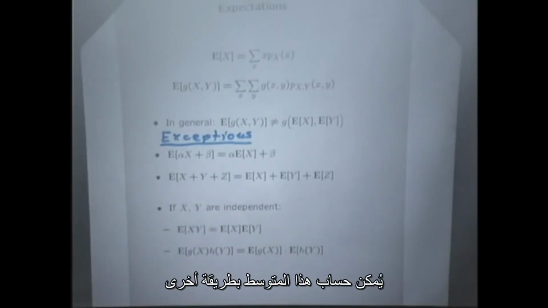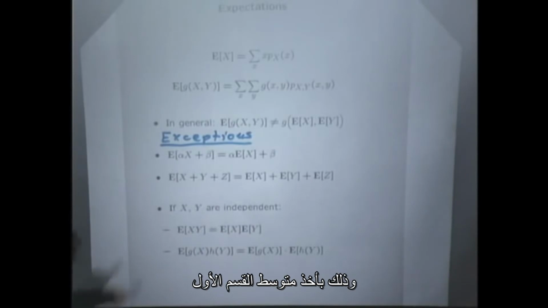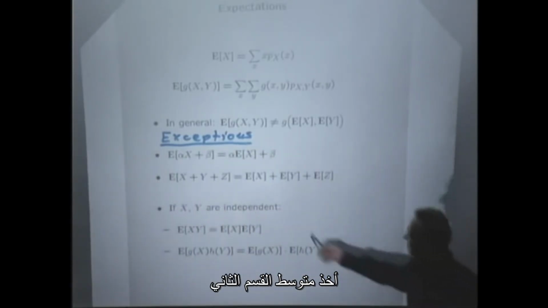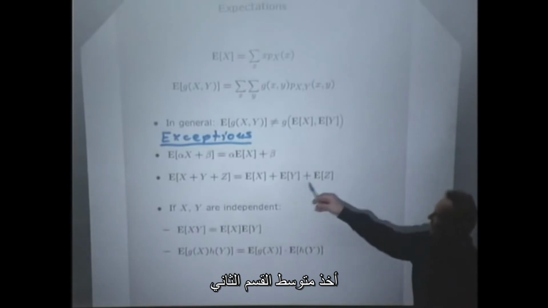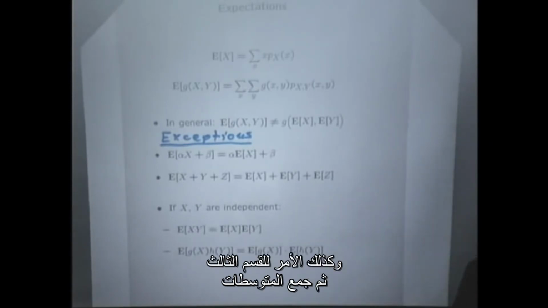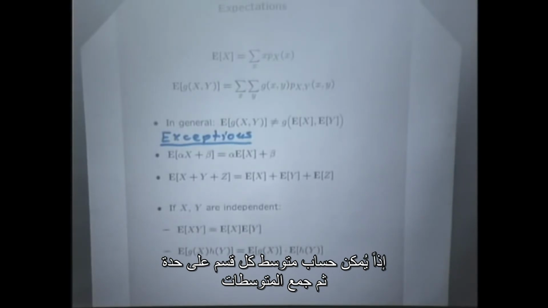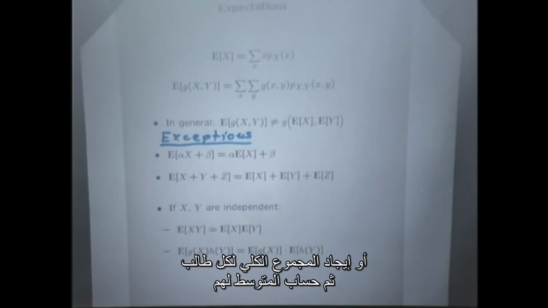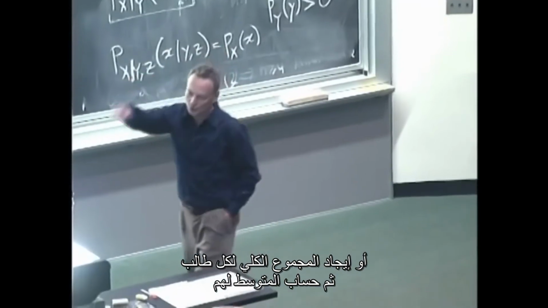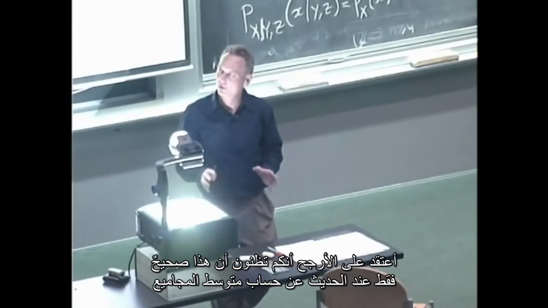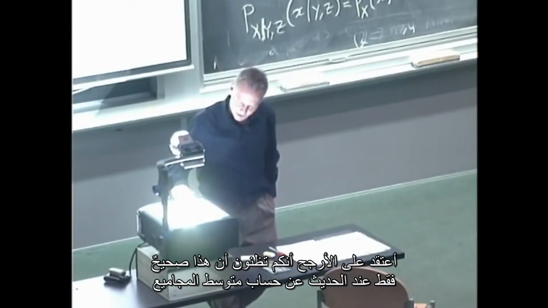Another way to calculate that average is to look at the first section of the SAT and see what was the average. Look at the second section, look at what was the average, and so the third, and add the averages. So you can do the averages for each section separately, add the averages, or you can find total scores for each student and average them. So I guess you probably believe that this is correct if you talk just about averaging scores.